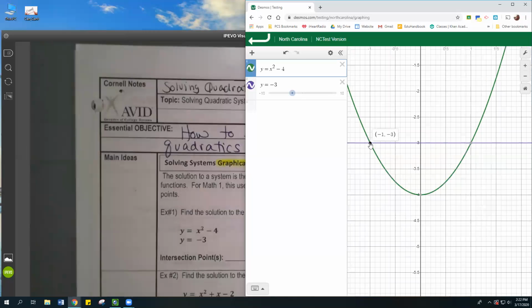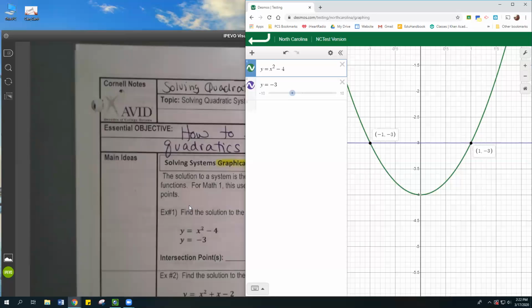When I click on it, the coordinate -1, -3 is one solution, and then +1, -3 is your second solution. So this can be done on a graphing calculator, plugging into y1 and y2, or right here on Desmos, finding those intersections.